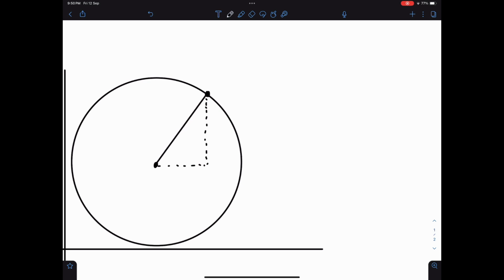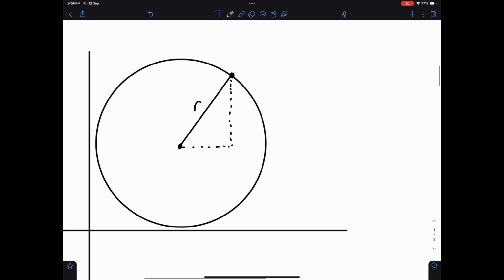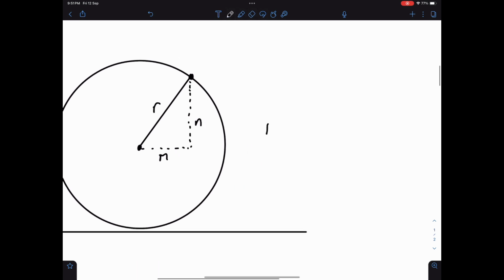This here is r, the radius, and let's call this, I don't know, m and n. We would know that m squared plus n squared equals r squared.